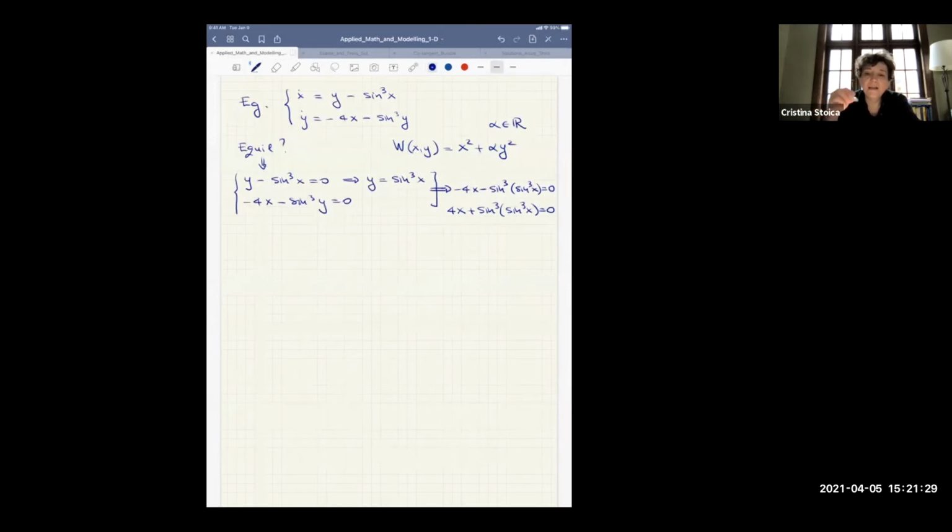Well, for this kind of stuff, what I recommend is the so-called graphic method. The graphic method is to consider the function f of x equals 4x plus sine of 3 sine of 3x, and get Maple or something, or your calculus skills, and sketch it.